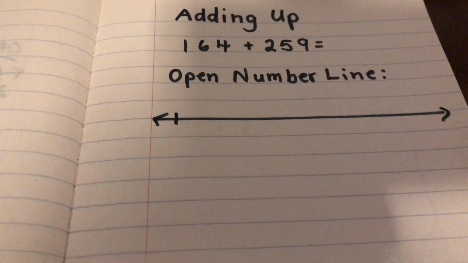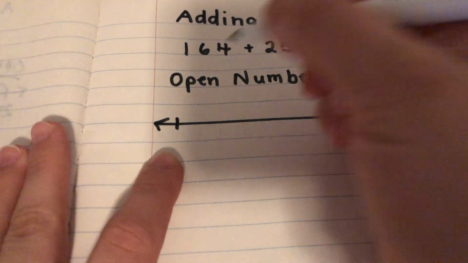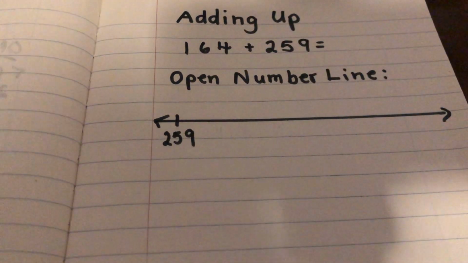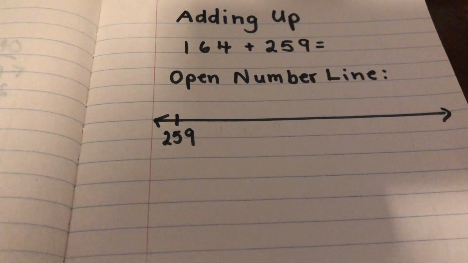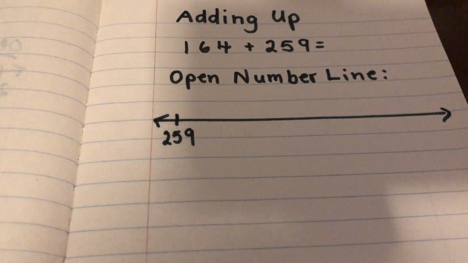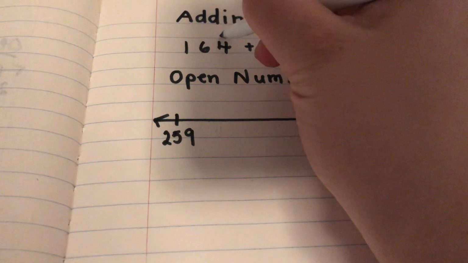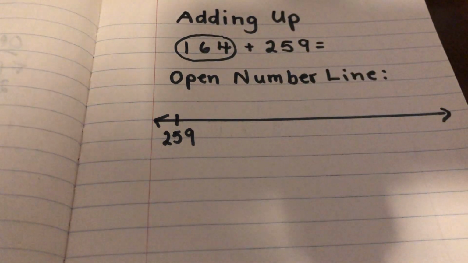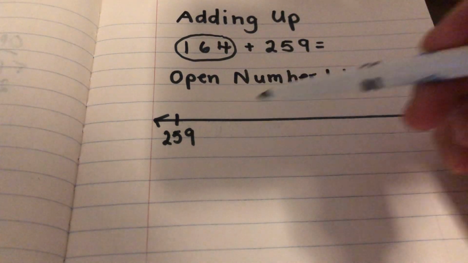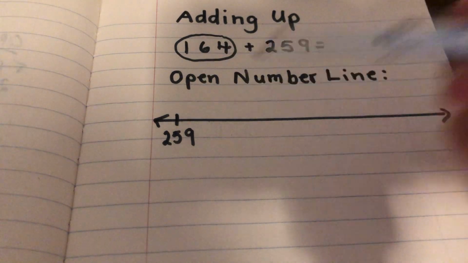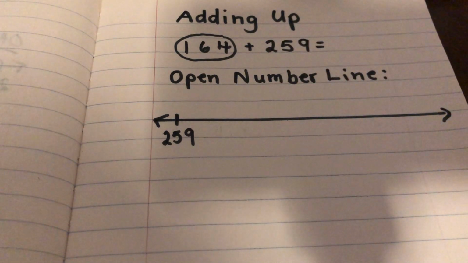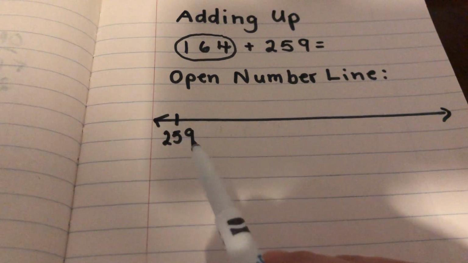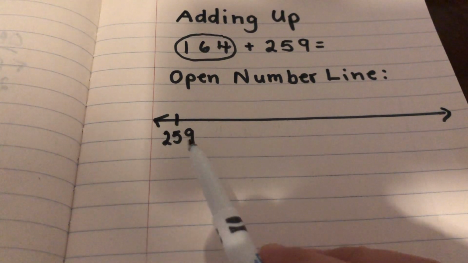So I'm going to select the larger number, as I said, which is 259. Again, the choice is yours, if you want to use 164 or 259. Then you're going to take the other number that is left behind, and use that number to make your jumps and to add up from that number. I noticed that this is not so much a friendly number because I don't have a multiple of 10.